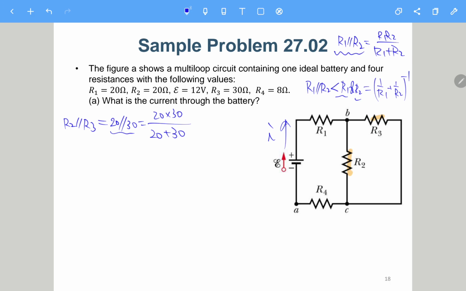If we have, let's say, 2 ohm and 2 ohm parallel with each other, the parallel resistance will be 1 ohm. If we have a 1 ohm parallel with, let's say, 1 kilo ohm, this value will be slightly less than 1 ohm, 0.99 something. So for this one, this will be 600 over 50, which is 12 ohm.